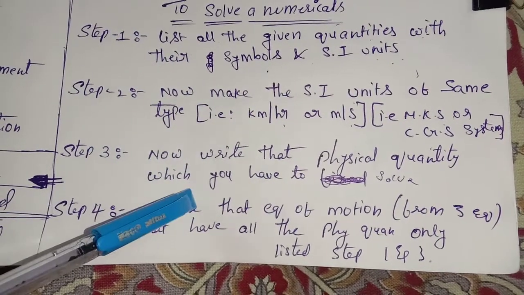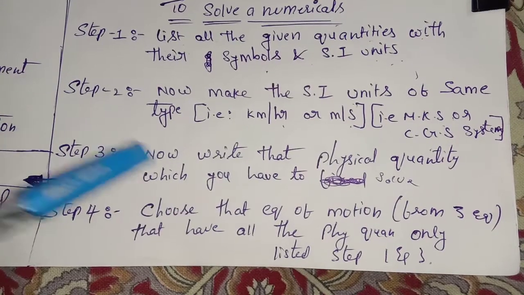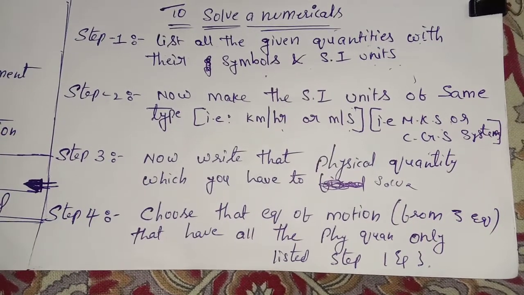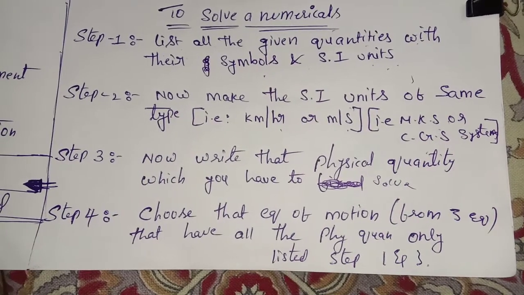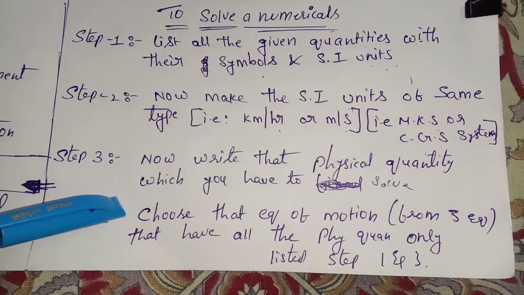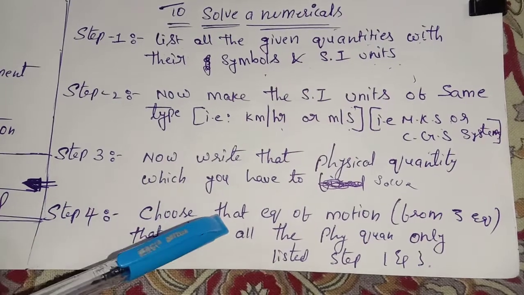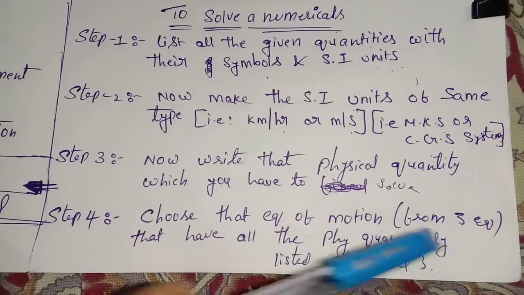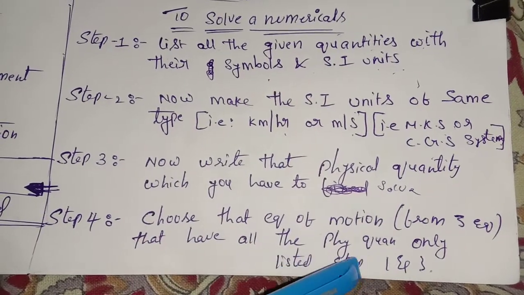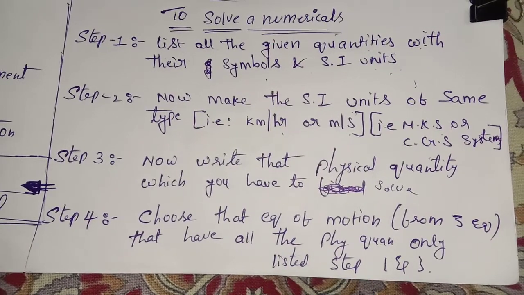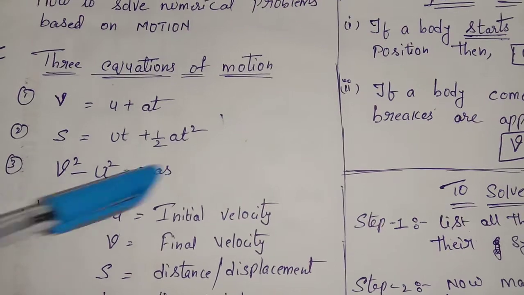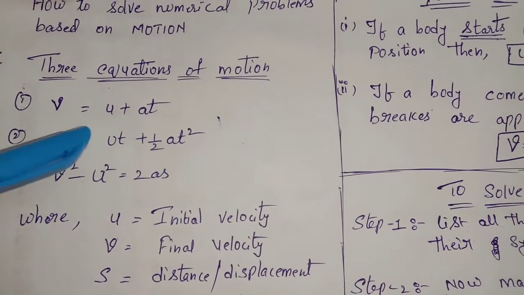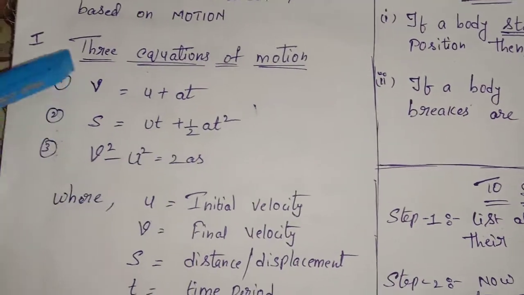After writing all this, you will understand which equation we have to take, what is given and what we have to find. Choose the equation of motion that has all the physical quantities listed in steps 1 and 3. According to what is given, you have to choose the formula.